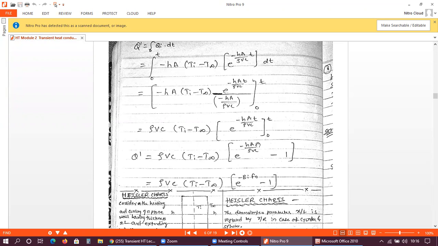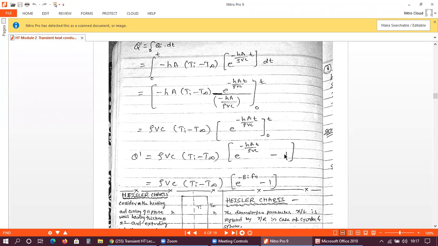Later on, minus e raised to minus hA into 0 divided by rho Vc, right? So when you substitute these limits, you will get e raised to minus hAt divided by rho Vc minus 1, because e raised to 0 will be 1 when you substitute the value of t as 0. The e raised to 0 is 1.